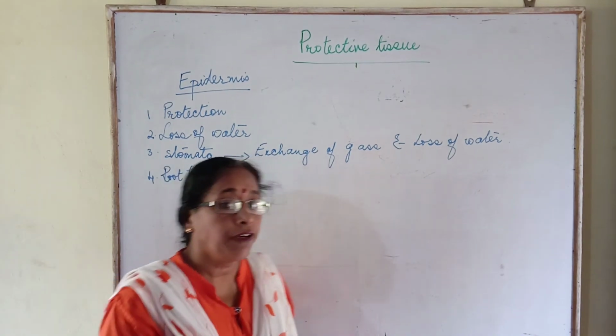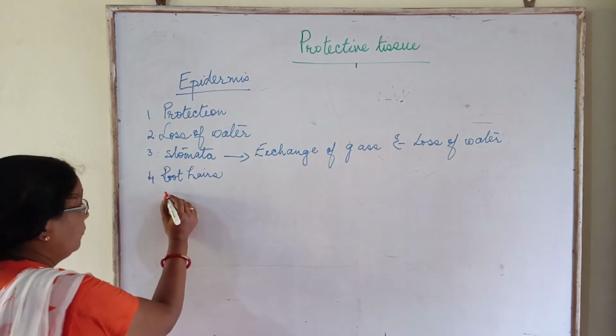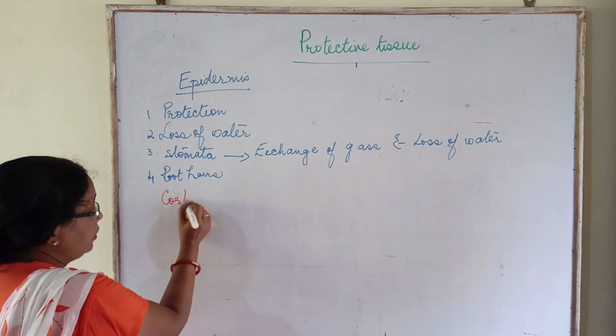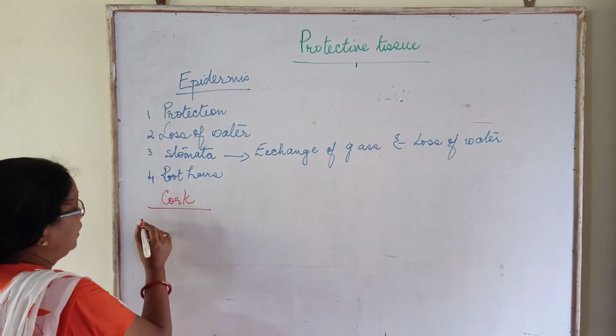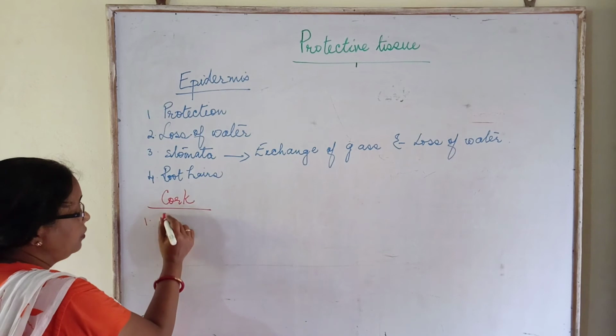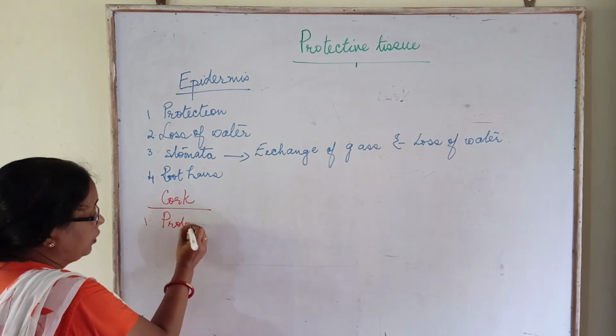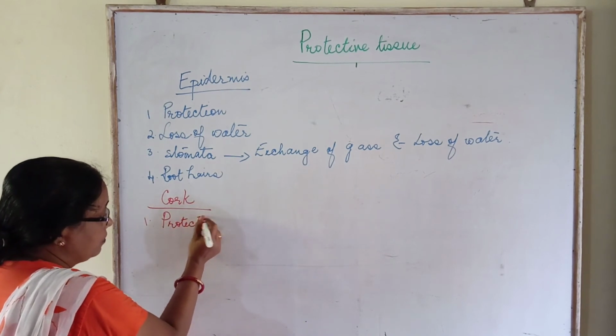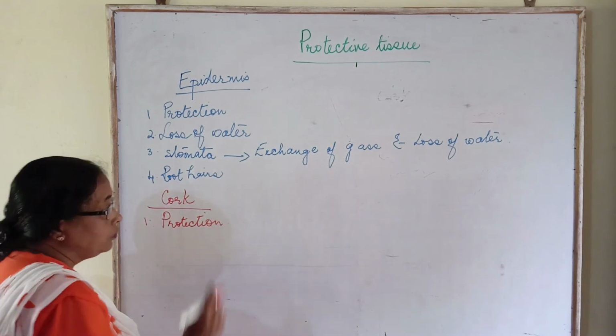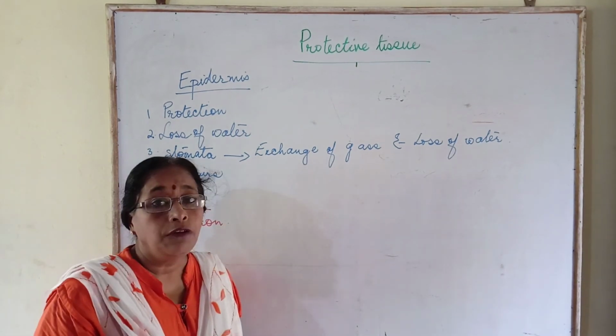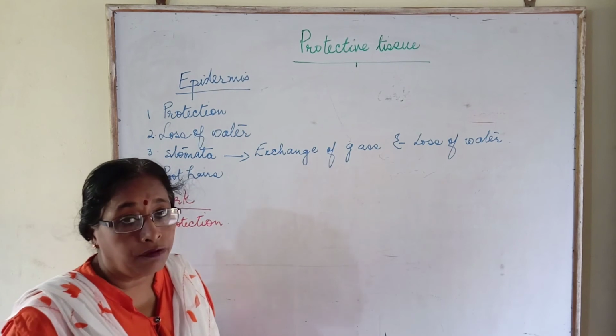Now let us see the function of the cork. Cork is composed of dead cells, so its main function is protection. Protection against microbes, and it also protects the plant from the external environment.